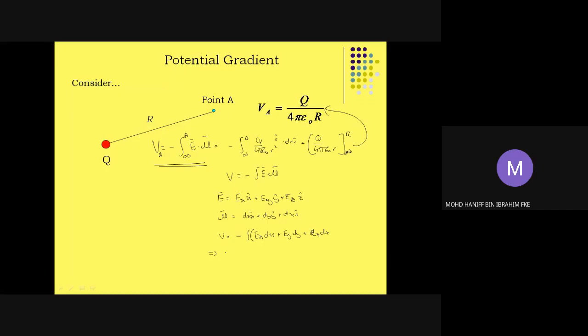In other words, dVx will be equal to negative Ex dx, because we have integration, so the integration can be removed by simply writing dVx. Also we have dVy equal to negative Ey dy, and dVz equal to negative Ez dz.